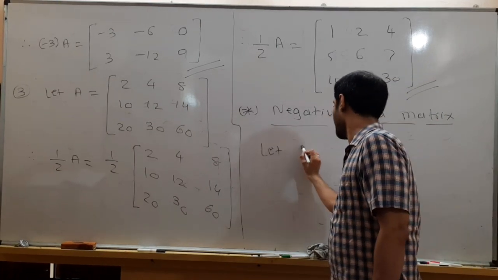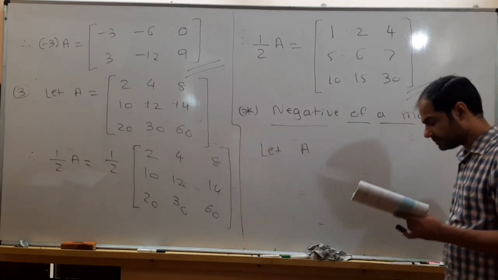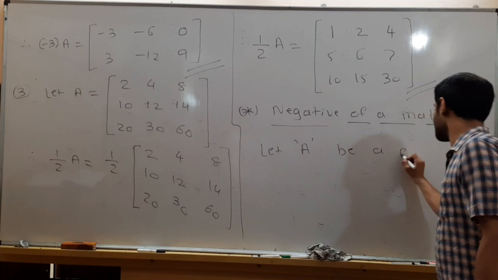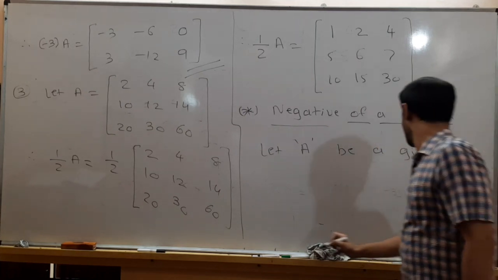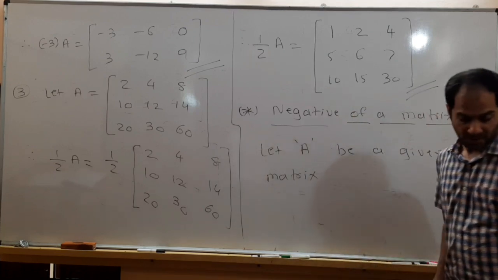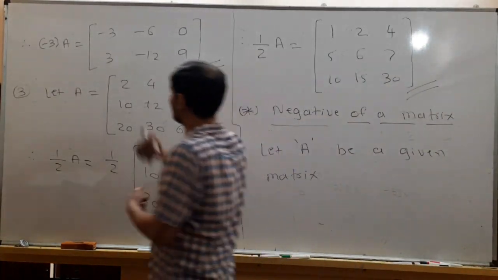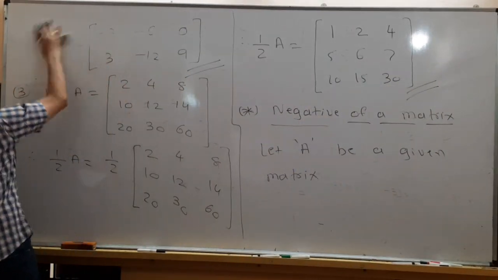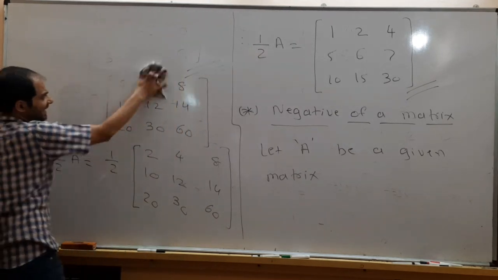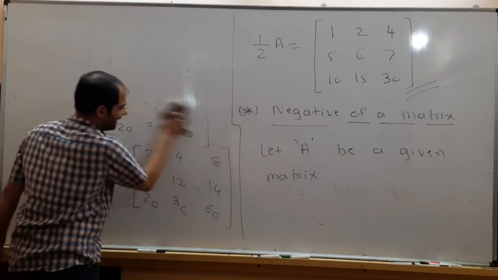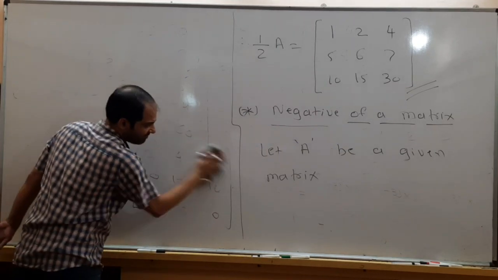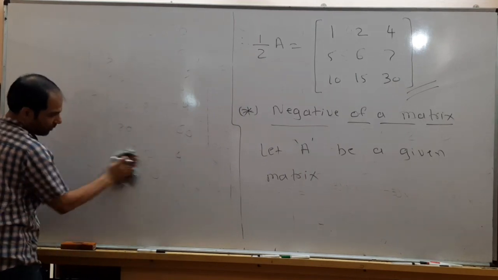Let A be a given matrix. Negative of A is denoted by minus A, and it is actually minus 1 into A. So what is negative of A? It's a matrix obtained by multiplying every element of A with minus 1.